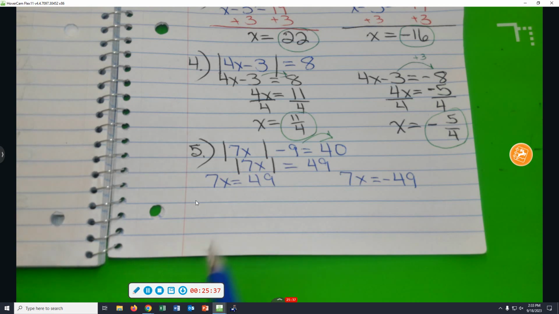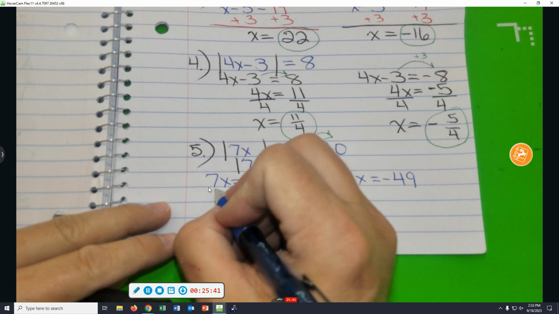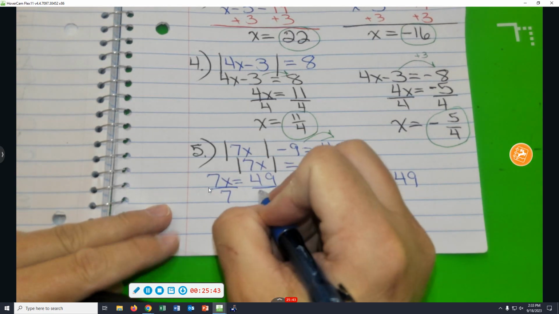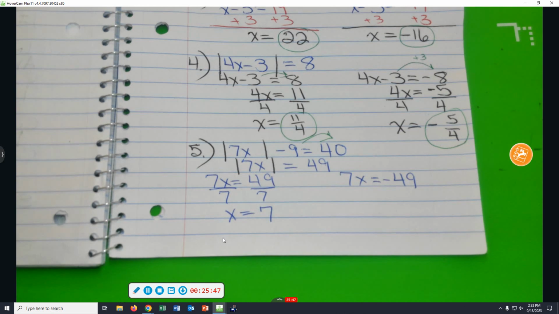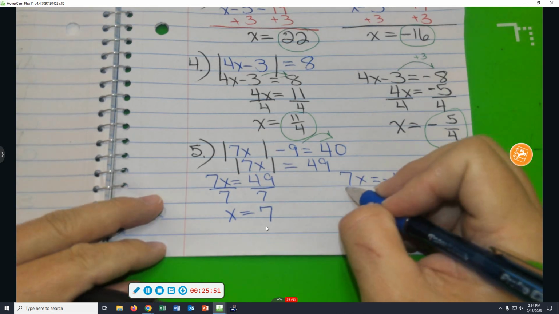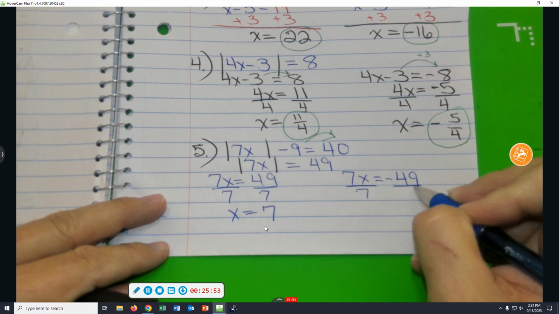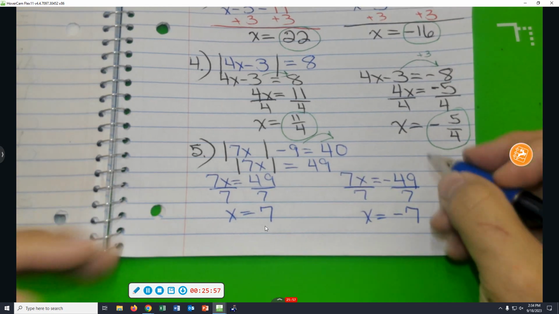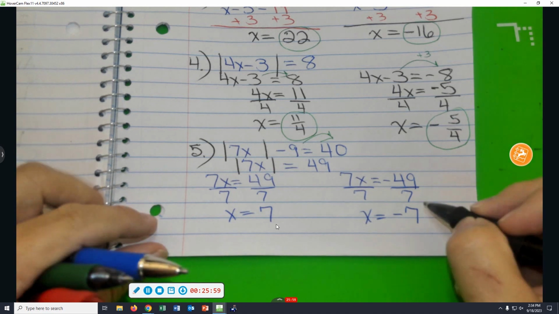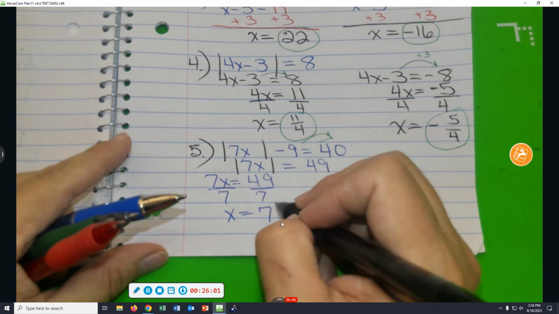Solving the first equation to give us x equals 49 divided by 7, which gives me a positive 7. Here, divide by 7 again. And what's that going to give me? A negative divided by a positive is negative, and 49 divided by 7 is 7.